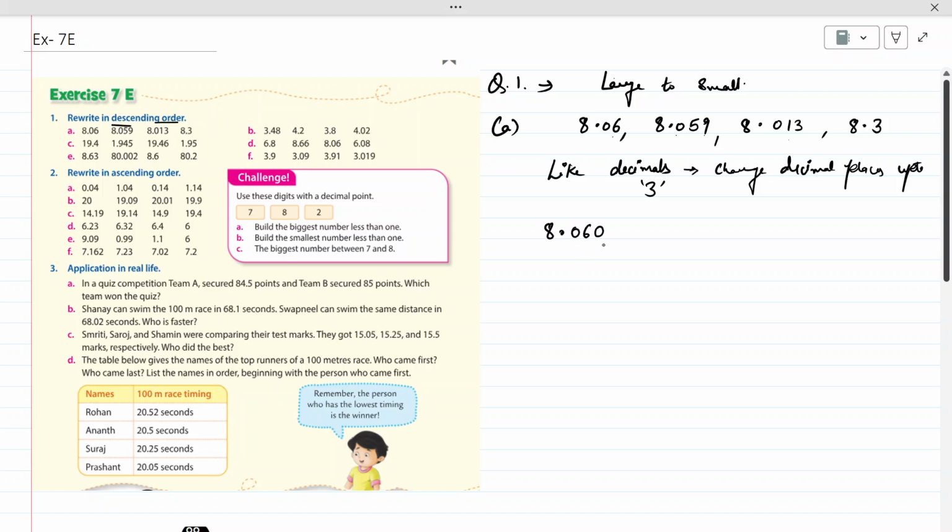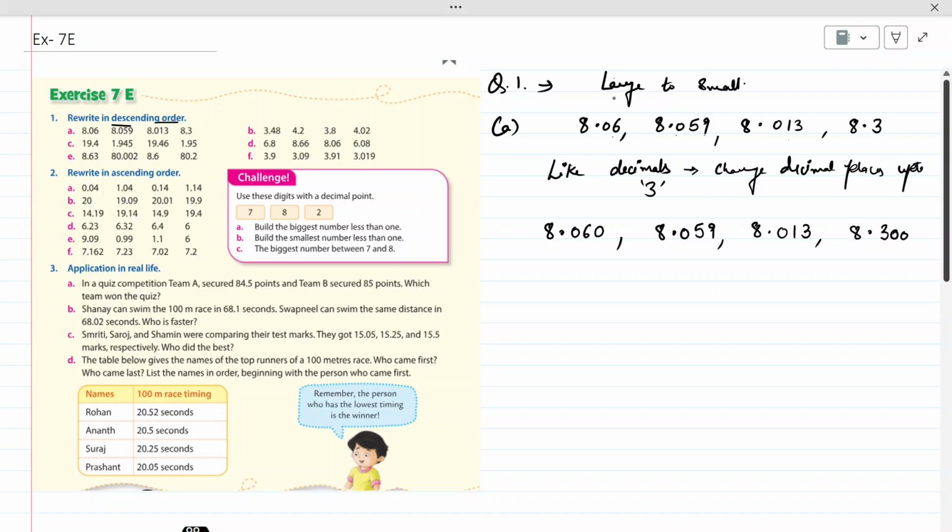When we add 0 here, there is no change in the value, but the number of decimal places is increased. Now, second number, there will be no change, it will be as is. Third number also, there will be no change, it will be as is. And the last number has only 1 decimal place, so to make up to 3 decimal places, we have to add 2 zeros to it. So now these numbers are the like decimals with us.